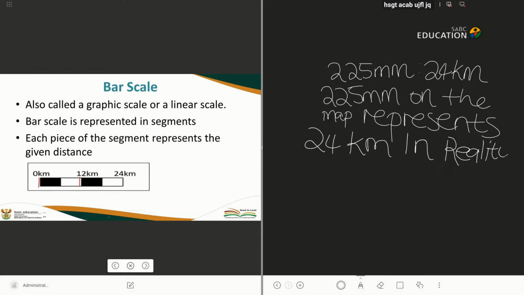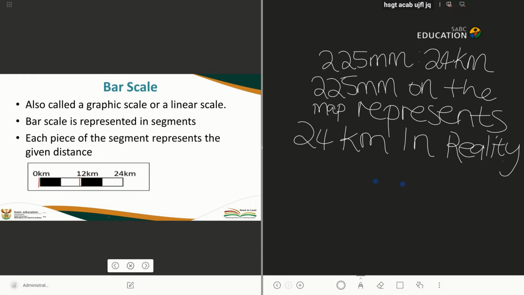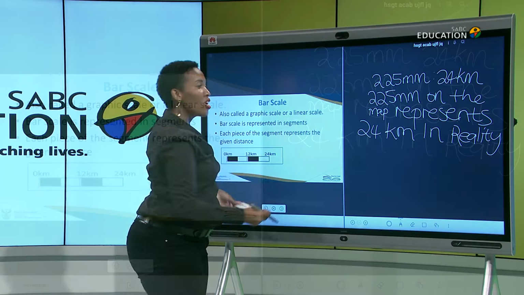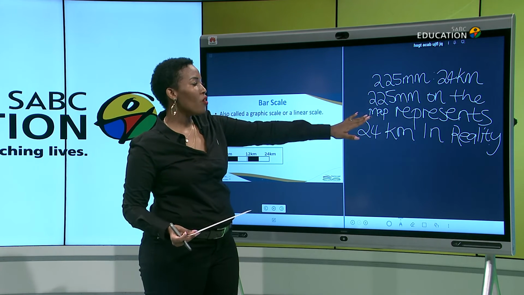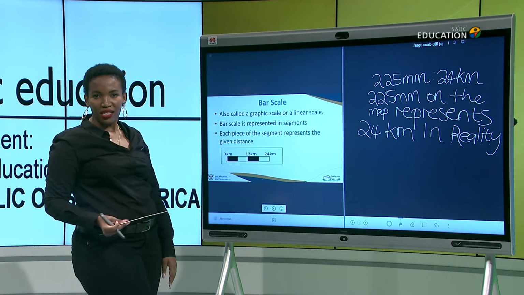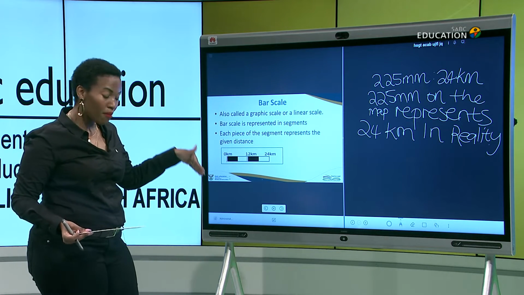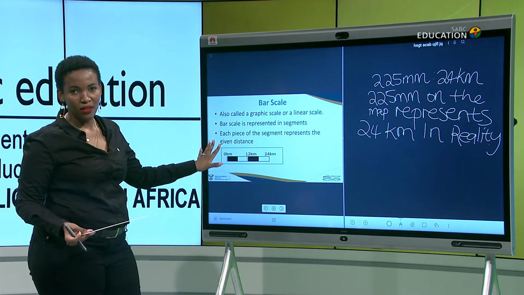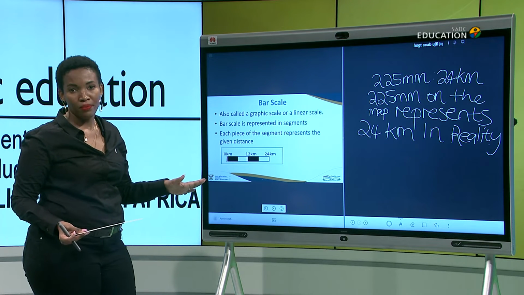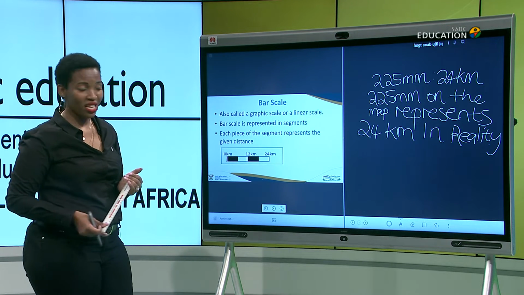I reduced it by mistake. Let me try and expand it just a little bit. There we go. So your 225 millimeters that you measured with a ruler, it's 225 millimeters on the map, represents 24 kilometers in reality. That is how you explain the meaning of a bar scale. You don't have to worry about the units that are not the same. I hope this makes sense.